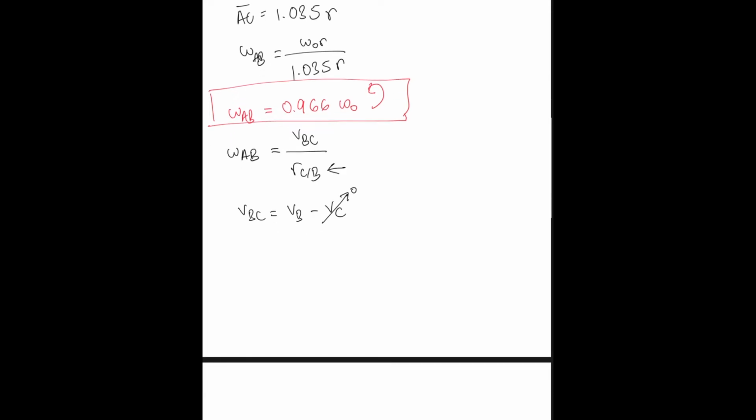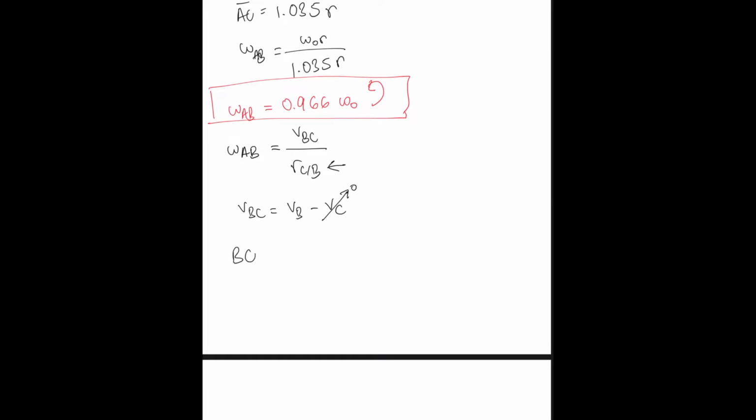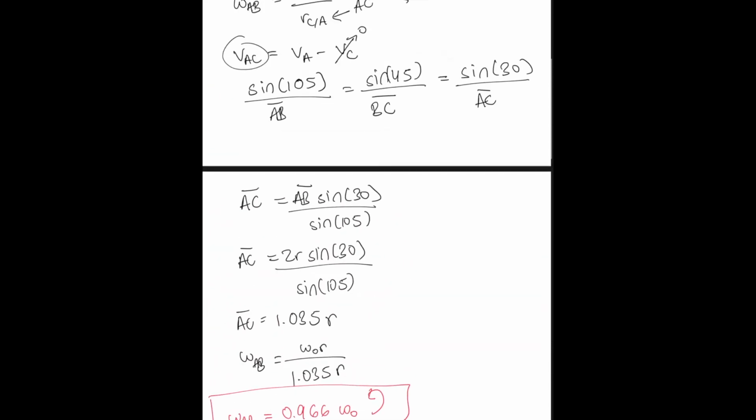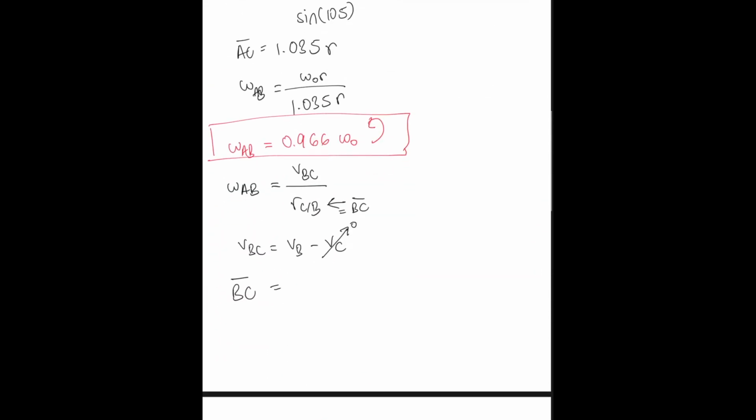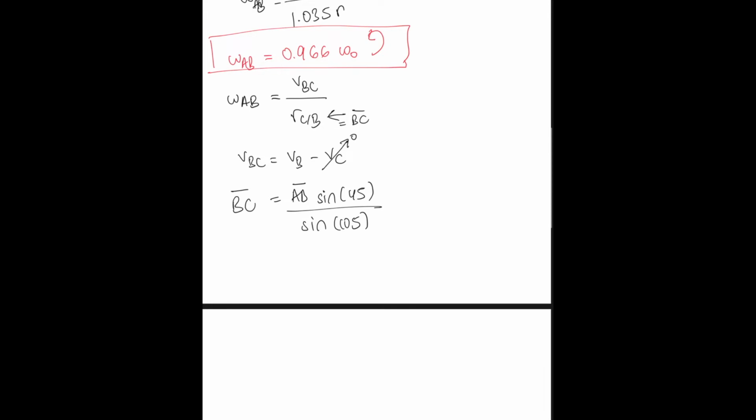Now we're going to try to find this distance over here. And from our equations over here, we know that BC is going to be equal to AB sine 45 over sine 105, to give us 2r sine 45 over sine 105. BC will finally equal 1.464 r.